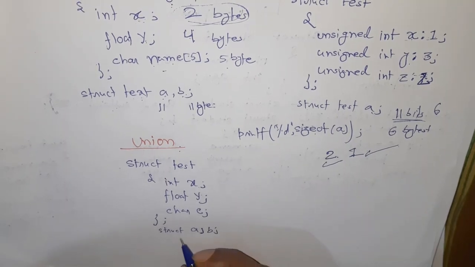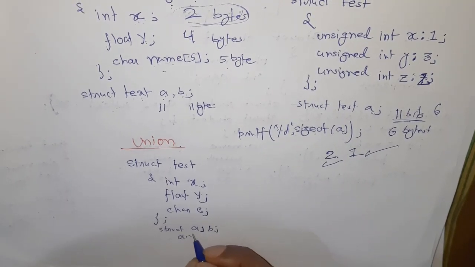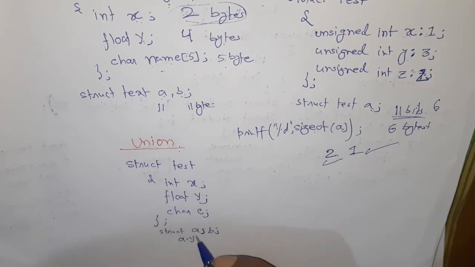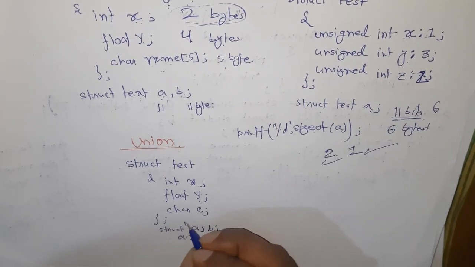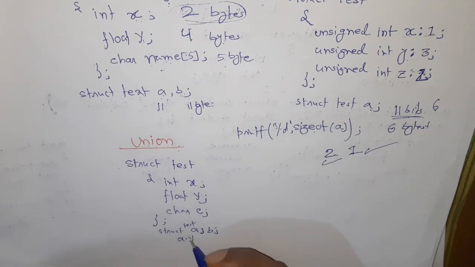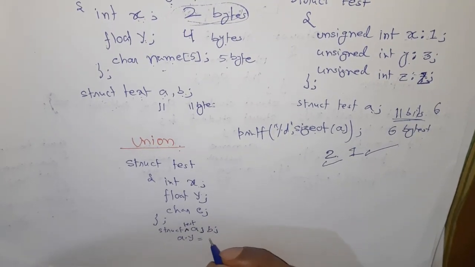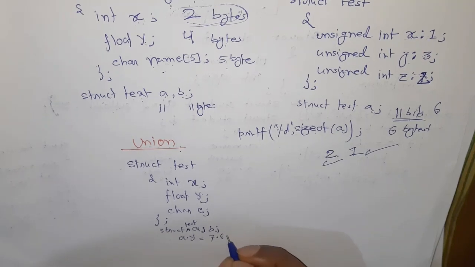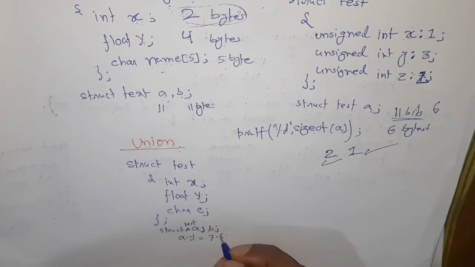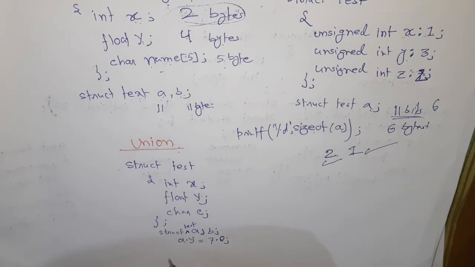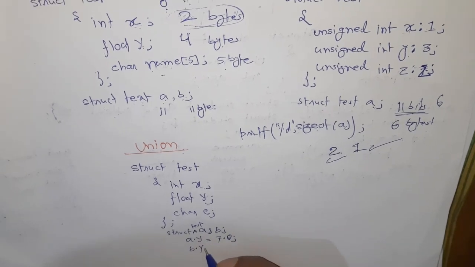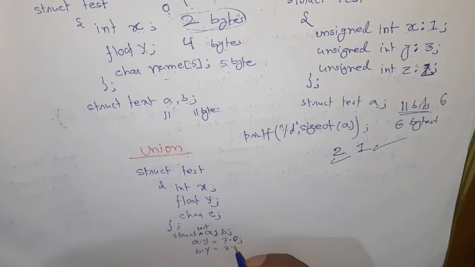So as a result, we assign values to this variable y. Sorry, here there should be struct test. So a.y equals, suppose, 7.0, and b.y we are storing, suppose, 3.0.